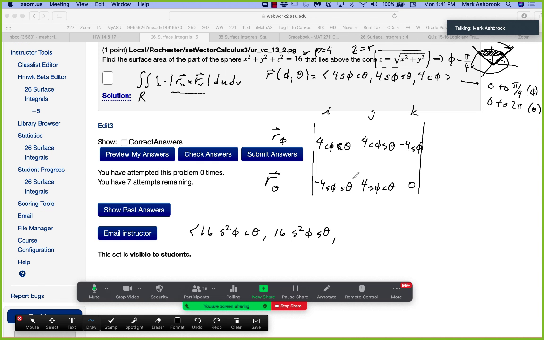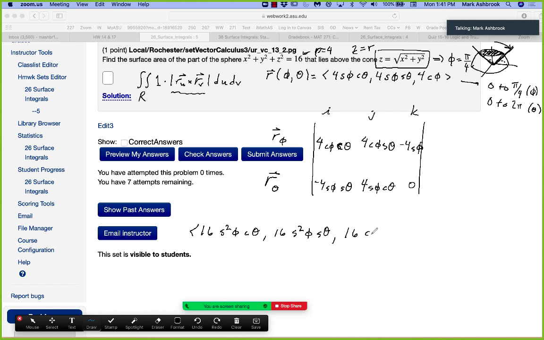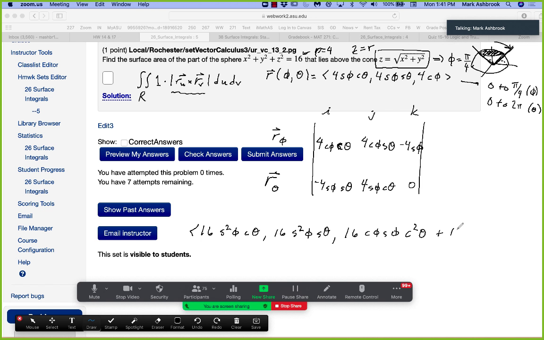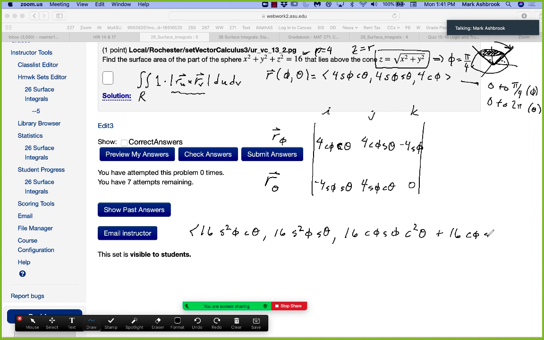K is the ugly one. We're going to get 16 what? Cosine phi sine phi cosine squared theta, and then plus 16 cosine phi sine phi sine squared theta.